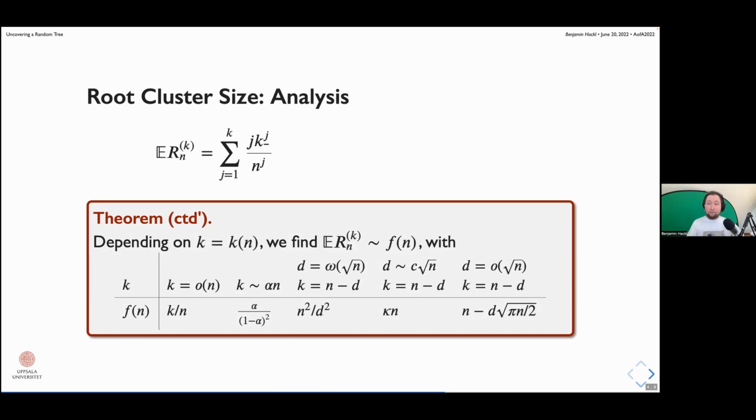Then finally we find that the root cluster has linear size as soon as we are in the critical region, where we are only about root n vertices away from uncovering everything. And then finally, if there are fewer than root n vertices still covered, then the size of the cluster is n minus constant times root n. And that's the behavior of this.